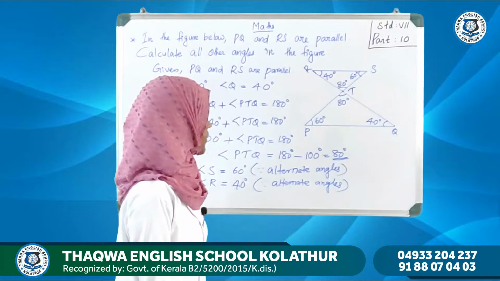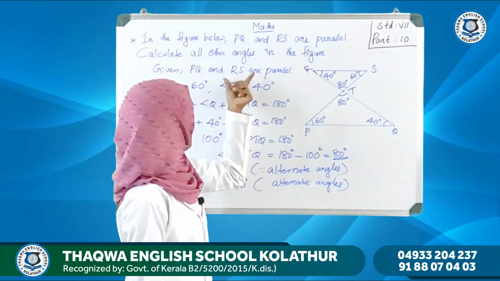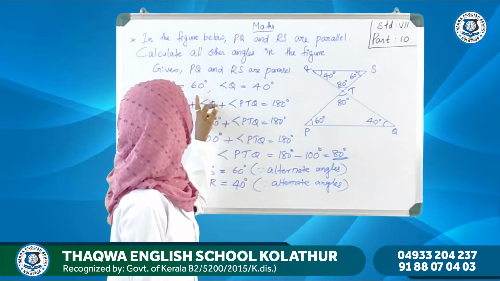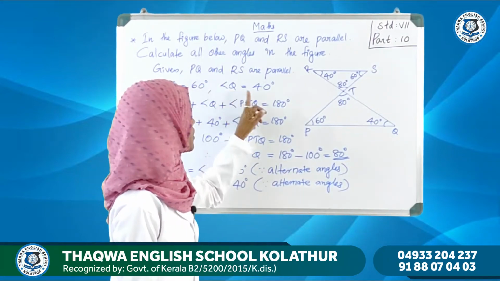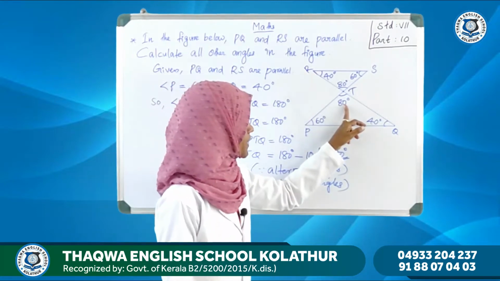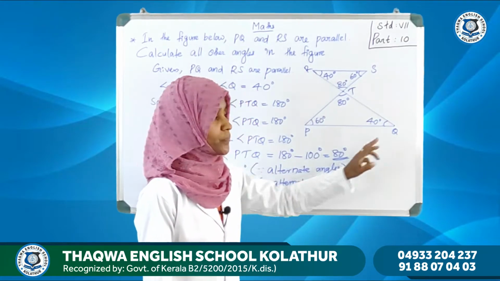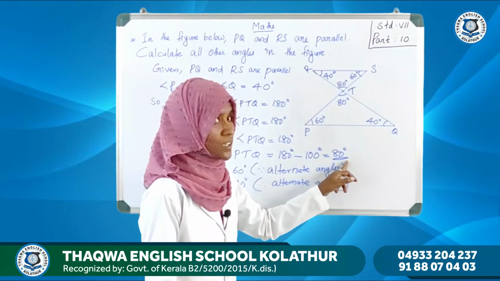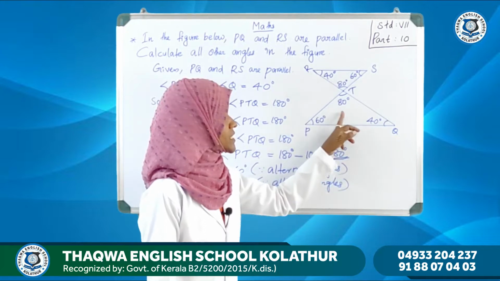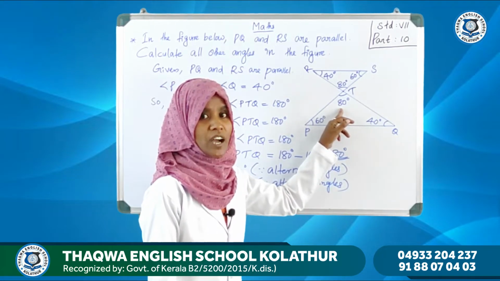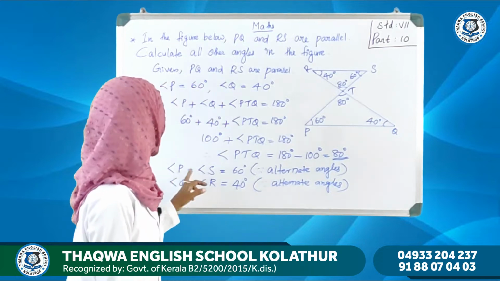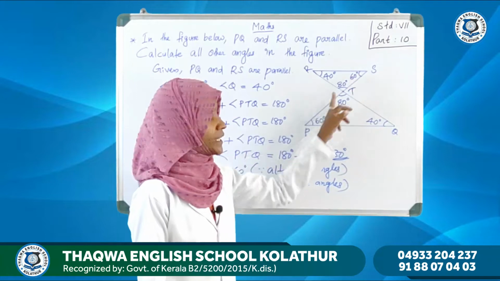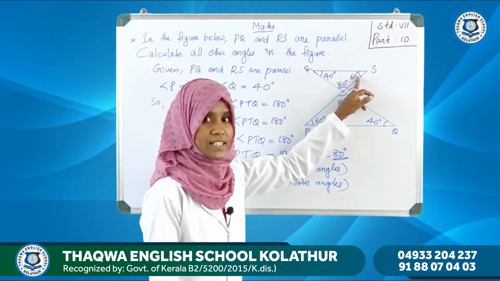So, what is the given condition? PQ and RS are parallel. Then angle P 60 degree, angle Q 40 degree. First we find out angle PTQ. Angle PTQ is 80 degree. We have used the result, the sum of the angles of any triangle is 180 degree. And also angle P equals angle S. What is the reason?